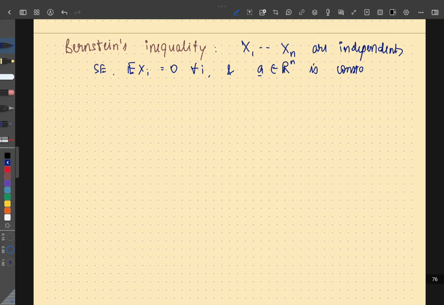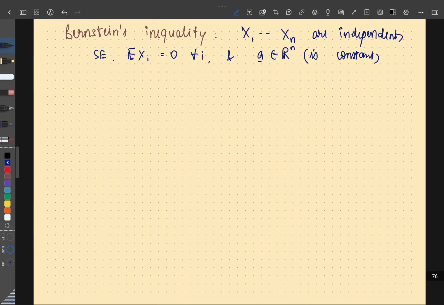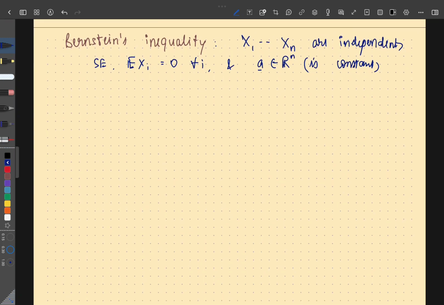It's a constant vector, not a random vector.